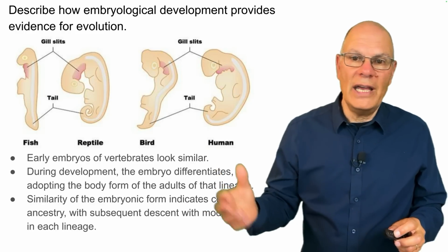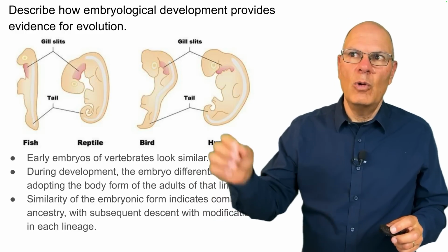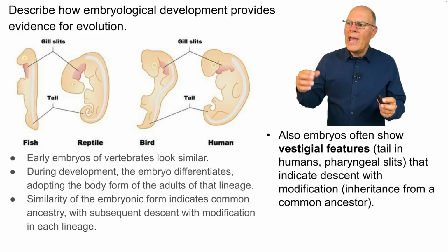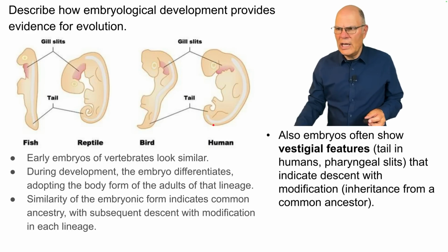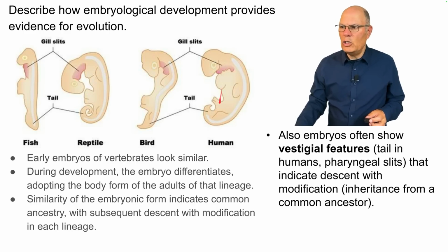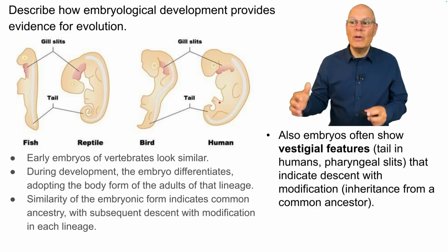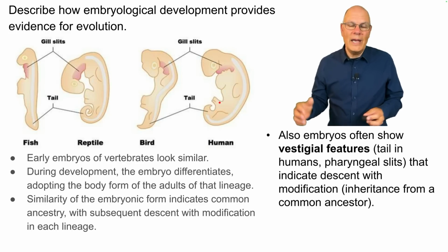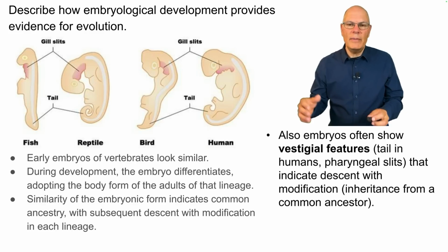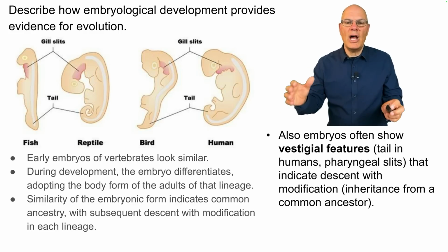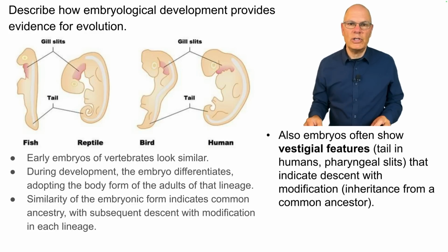An additional line of evidence for evolution related to embryos is as follows. Embryos often show vestigial features, such as the tail in humans, the pharyngeal gill slit in humans, that indicate descent with modification from a common ancestor. So again, embryonic development, an entirely separate line of evidence for evolution.